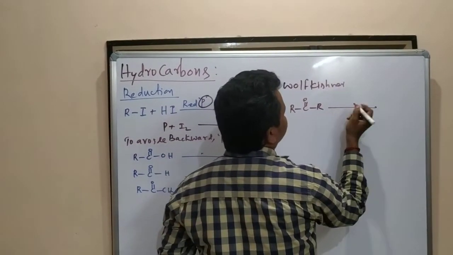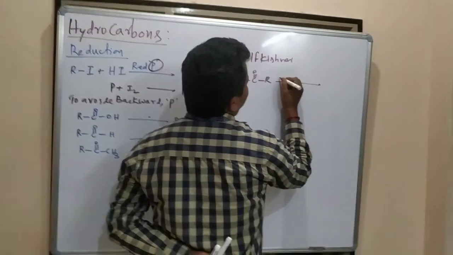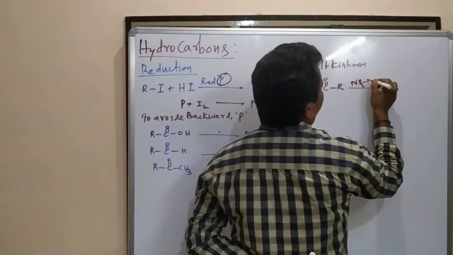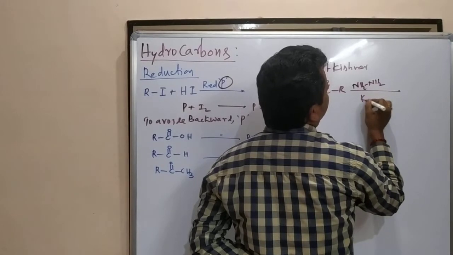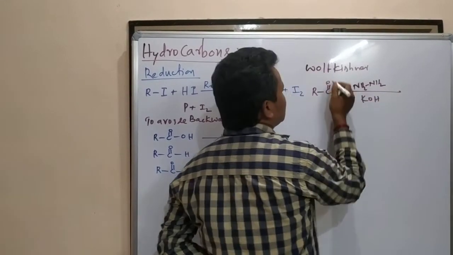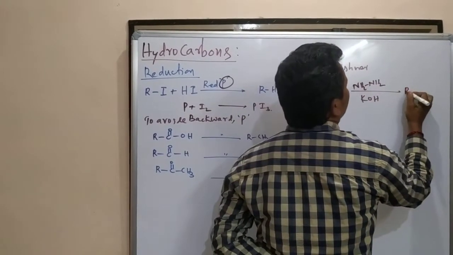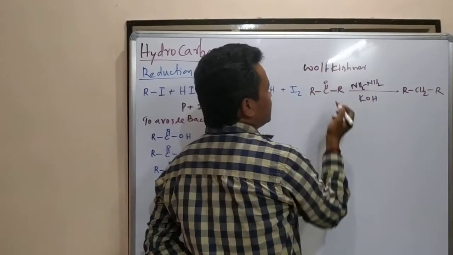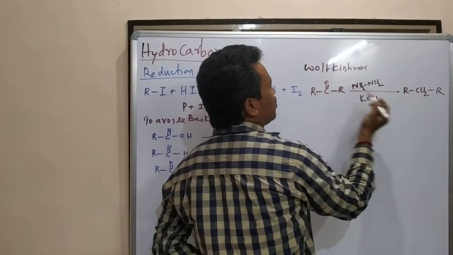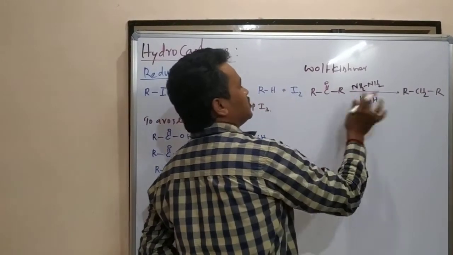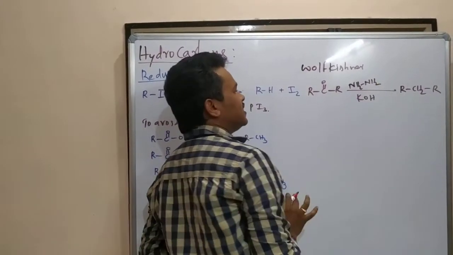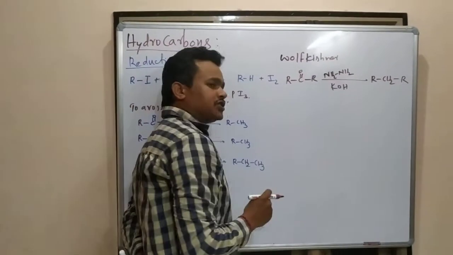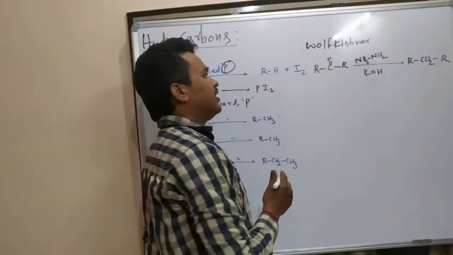Wolff-Kishner means we take hydrazine, NH2NH2, in the presence of KOH. This group is going to be reduced to RCH2R. So the number of carbons will be the same only. This is also a preparation of a hydrocarbon, an alkane.